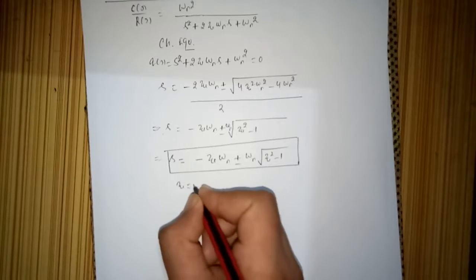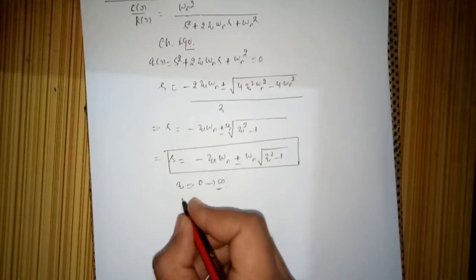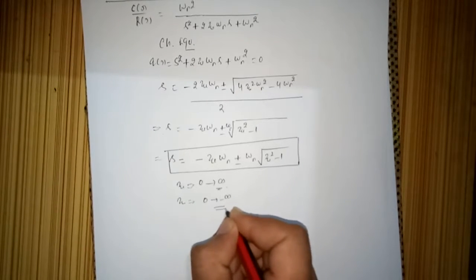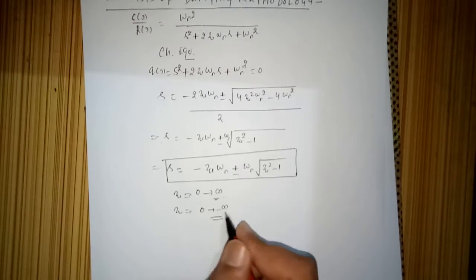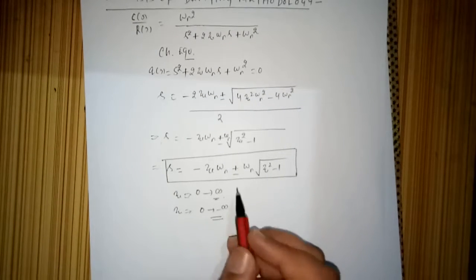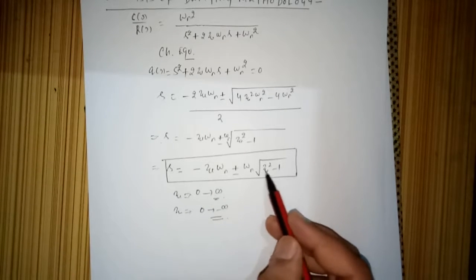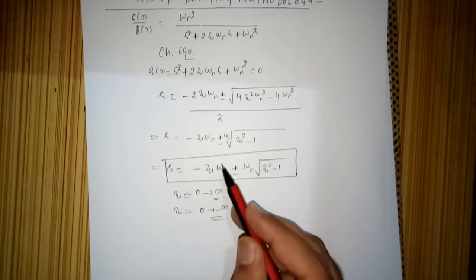Now zeta can vary from 0 to infinity, or zeta can vary from 0 to minus infinity. If I vary it from 0 to minus infinity, that is zeta is negative, this part comes out to be imaginary, right? But this part comes out to be positive.